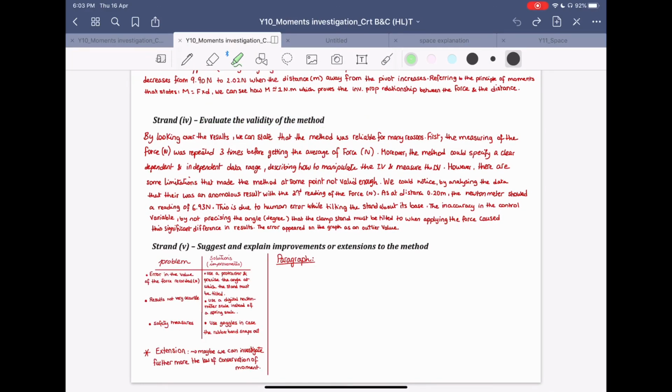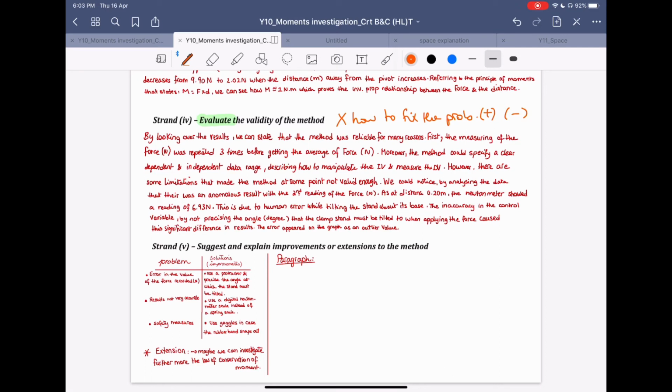One thing I want to add to my evaluation in strand IV, that you should not talk about how to fix the problem here. So you just talk about the problem here, you're just evaluating, you're stating, listing, describing pros and cons, nothing else. Okay?